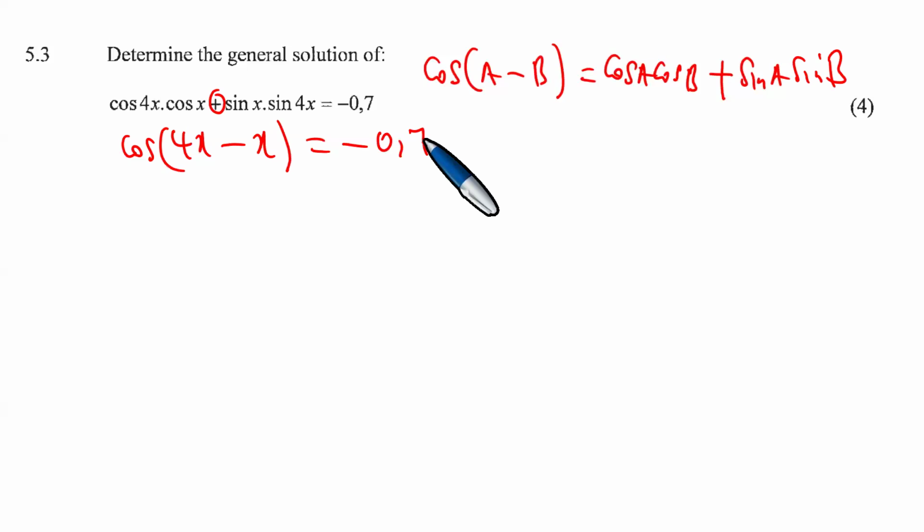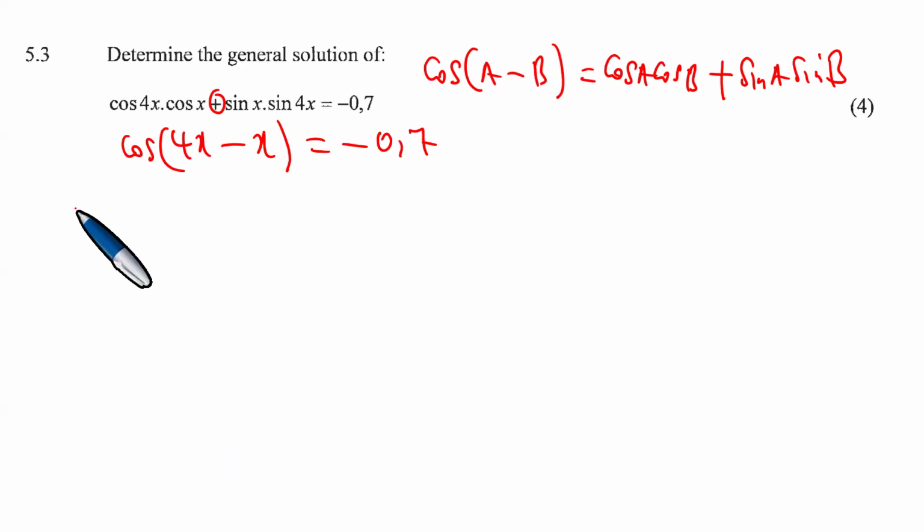So now, what do we do at this particular juncture? What is the next thing to do here? Reference angles. Well done, Noah. The reference angles. Now we get our reference angles.